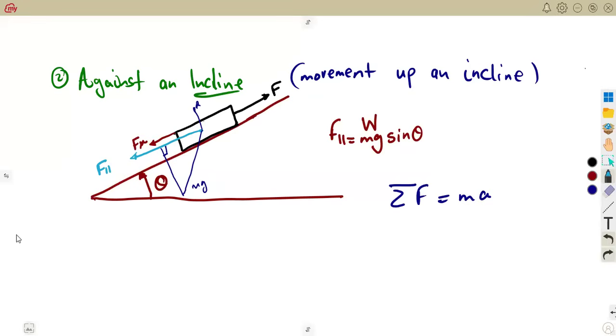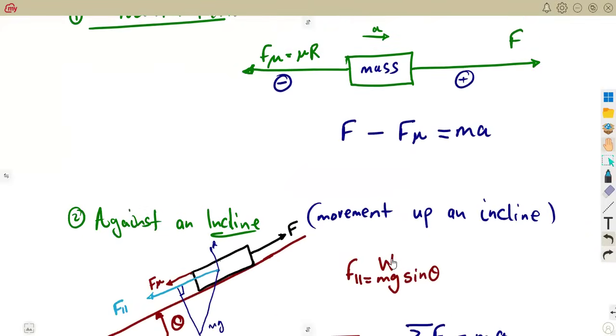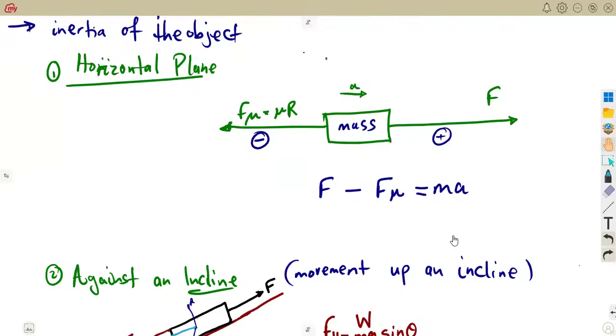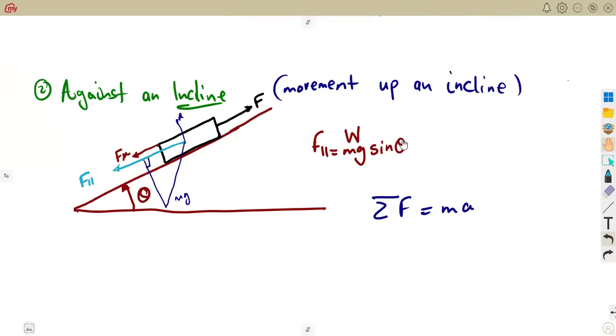Even if it was going this way, you take that way where it is going. Like in this case, we're considering a horizontal part, just saying it is going to the right. If it was going to the left, where it is going, you take the applied force as a positive. What is opposing is the one that you take as a negative.